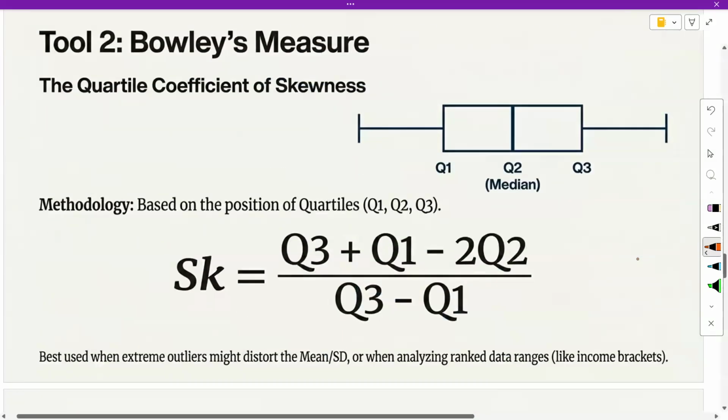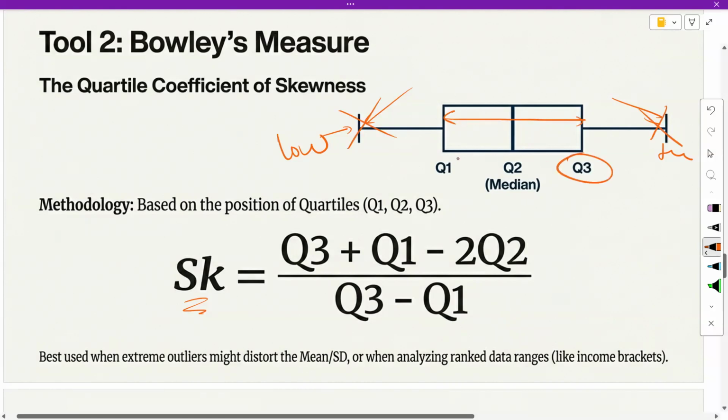The second measure is Bowley's coefficient of skewness. He used quartiles. The lowest and highest values are extreme, so they are dropped and the work is done on the middle.